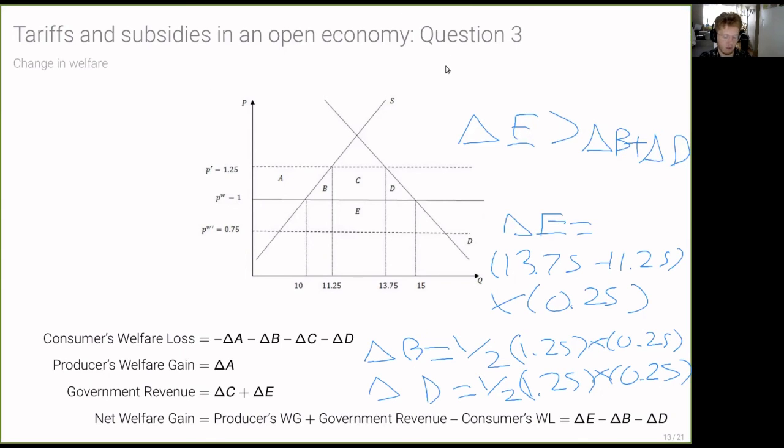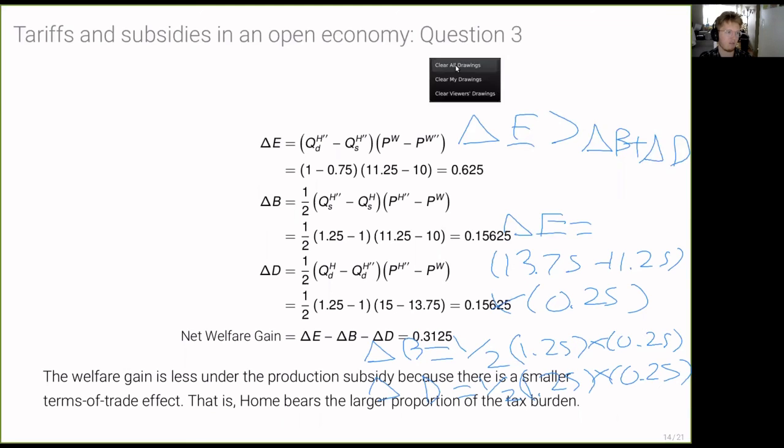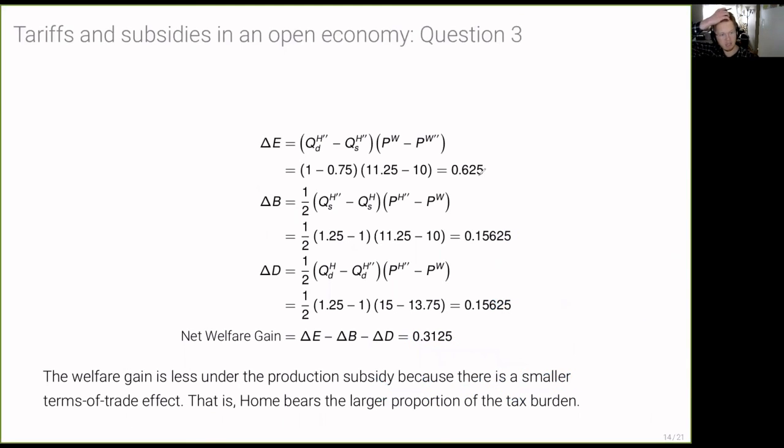Okay, and so then doing out all the math, we can figure out the areas of E, B, and D. And it turns out when we add these up, we get that indeed the terms of trade effects have outweighed the deadweight losses due to the tariff. And so the net welfare gain is positive, and so the tariff, again, is welfare increasing too.